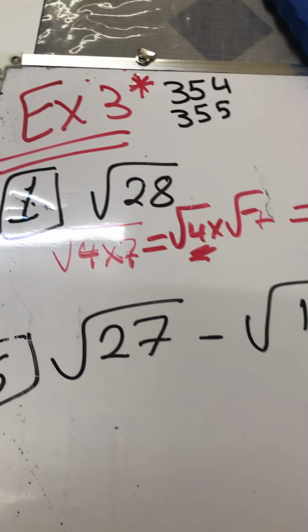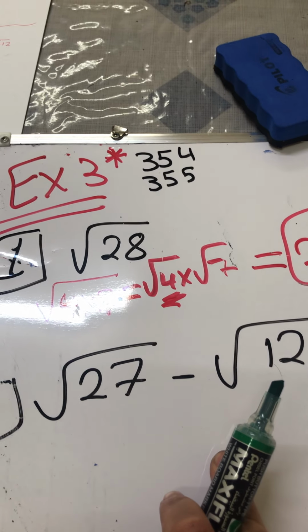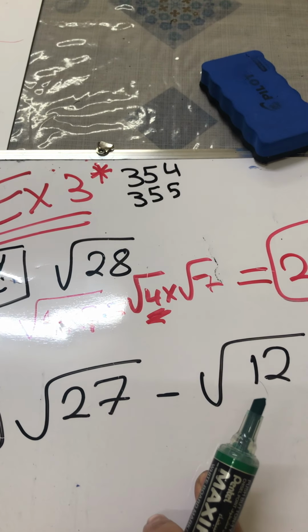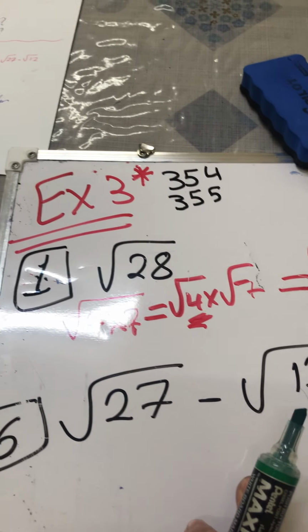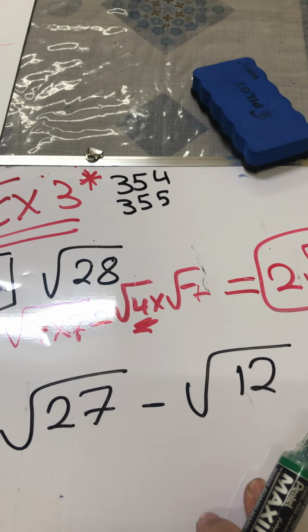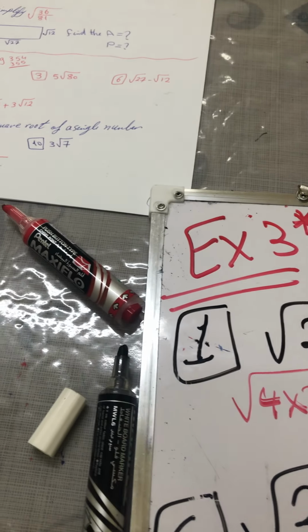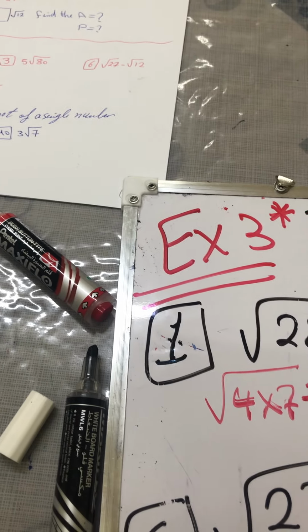Okay. Now number 6. In number 6, subtraction: square root of 27 minus square root of 12. I can subtract them, but I have to simplify each one of them first and finally simplify. Let's see. 27 comes from 3 multiply 9.